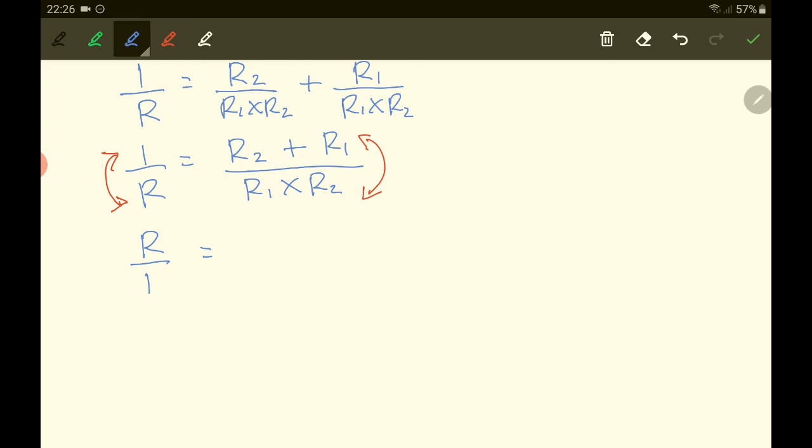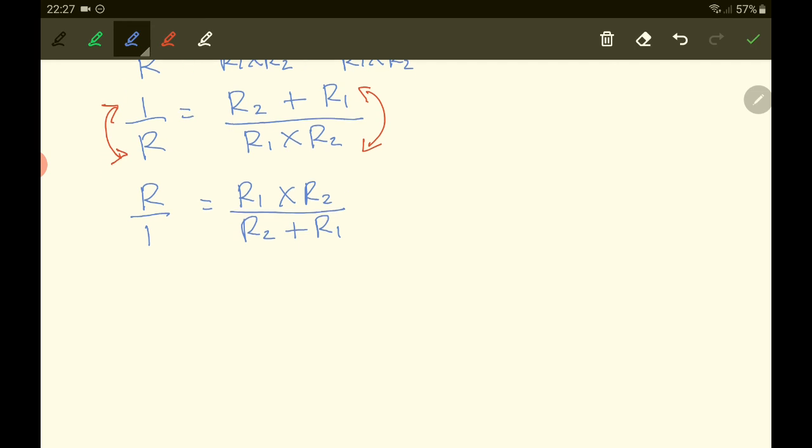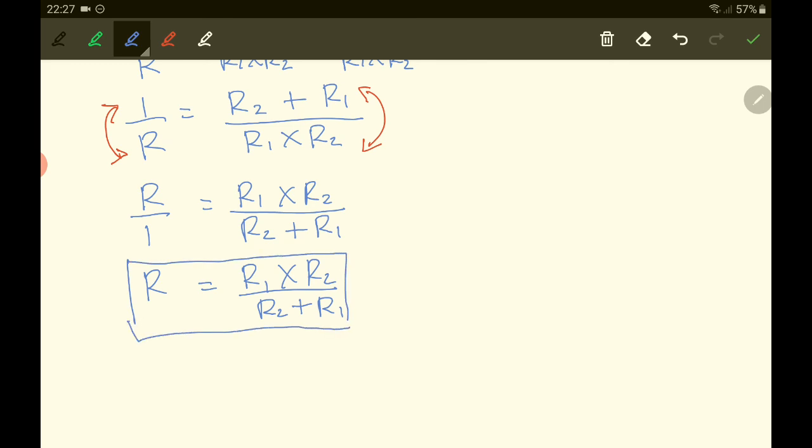So I can write like this: R1 times R2, this becomes the numerator now, over R2 plus R1. Because R over 1 is R, now you can just write R here. So R equals R1 times R2 divided by R2 plus R1. So now this is the formula, R as the subject of formula. This is the answer.